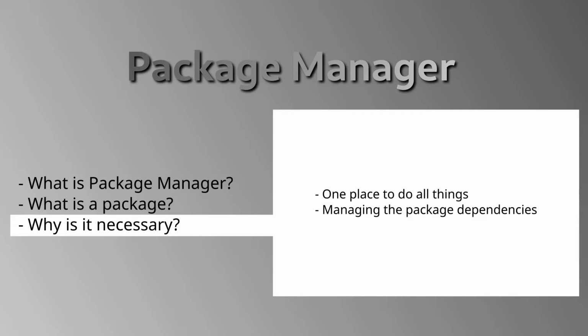How? To explain this, the word dependencies comes in. So let me give you an example. You need to watch a video which is online, and that video has a format that your browser can't play.